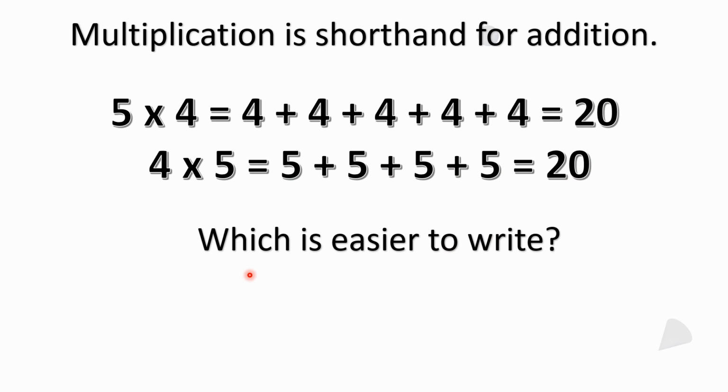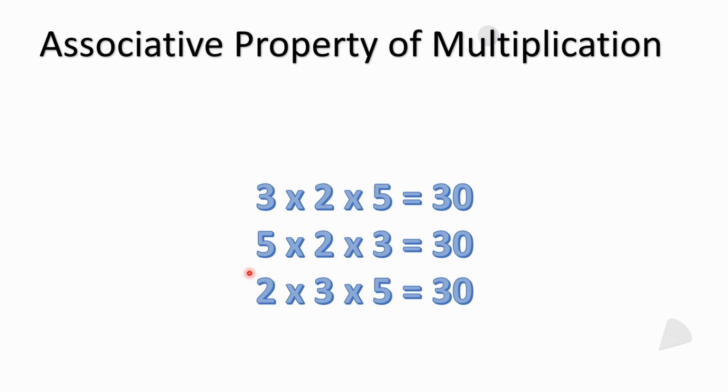Which way is easier to write? Well, of course, multiplication would be in this case. It's a lot easier to write it. But a lot of people are very confused. They don't understand that multiplication is just repeated addition.